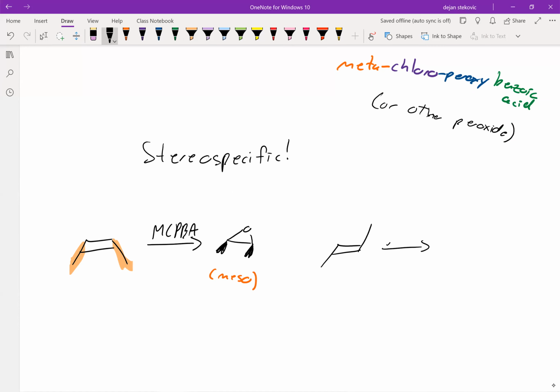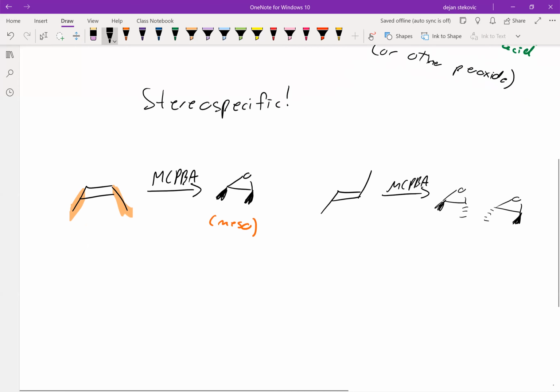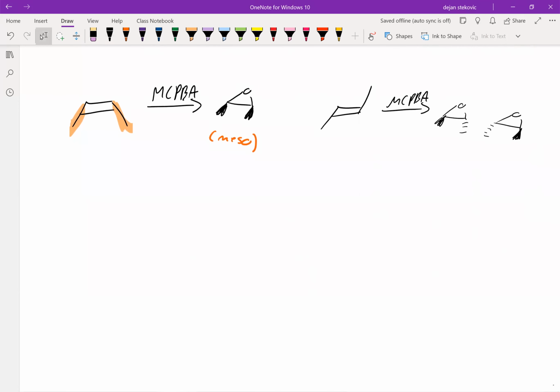Whereas if you react MCPBA with this trans alkene, you'll get two products where, of course, the methyls are trans to one another. And in this case, these two are enantiomers of one another, so you do technically get two different products.